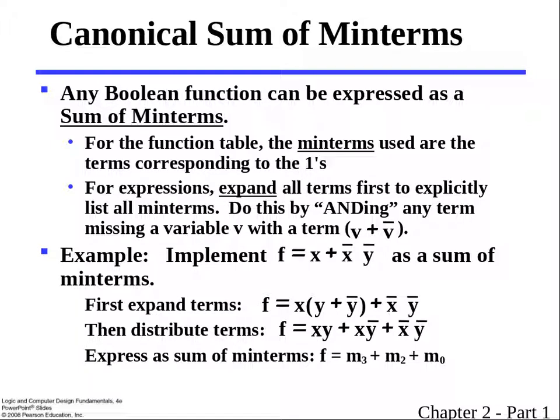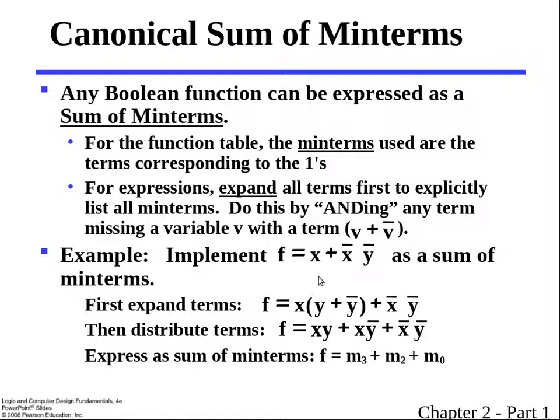All right, so any Boolean expression can be expressed as a sum of minterms. This should be obvious: you just distribute everything out and you eventually get it. For example, down here, if you have something that looks like this, you distribute the x's out and eventually you'll get all the terms, ands ORed together.